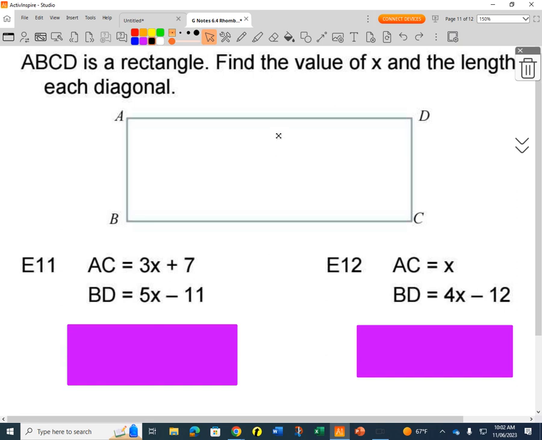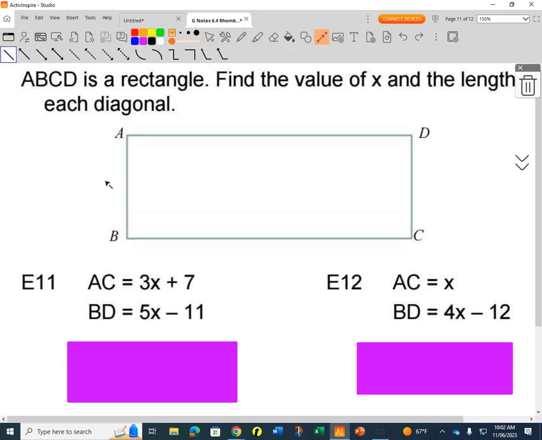So, let's go ahead and draw our diagonals. So AC is a diagonal. And diagonals go from one vertex to any non-consecutive vertex. In a rectangle, it's always going to be the one that we call opposite.